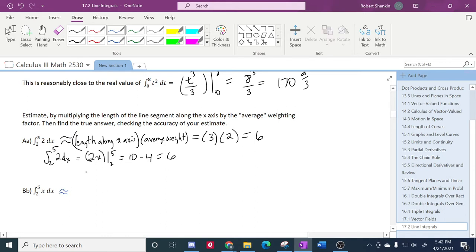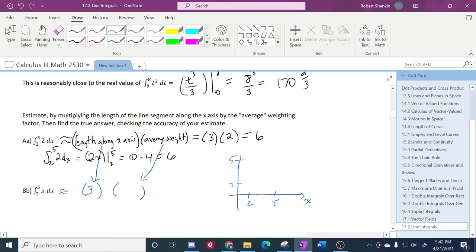So the length along the x-axis is 3. The average weight: at 2 the weight is 2, at 5 the weight is 5, because it's y equals x.